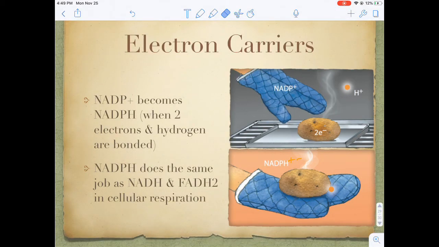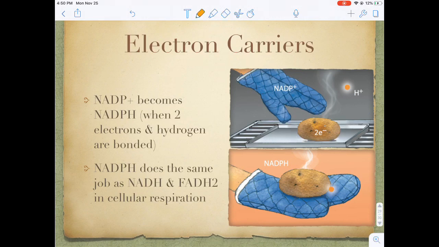So in order for this NADP+ carrier to grab onto the electrons, it's also going to grab onto a hydrogen. Notice how this mitten allows us to grab the hot potato, but it's not going to hurt our skin. So when it grabs the two electrons, it also ends up grabbing this hydrogen.